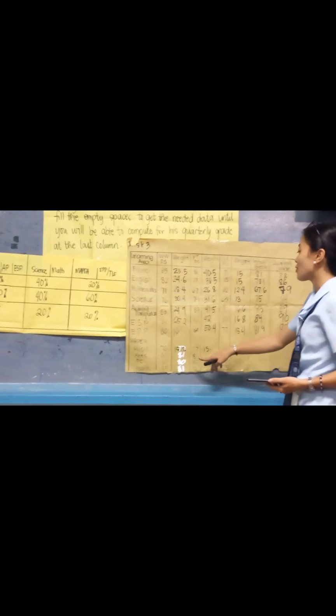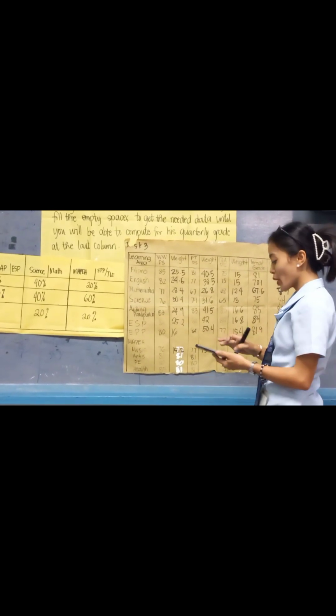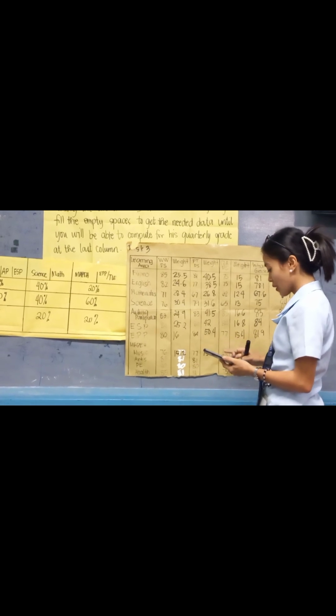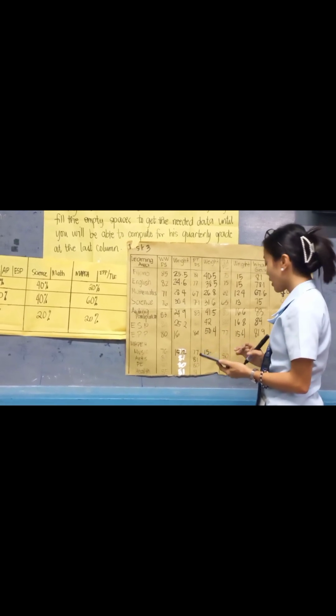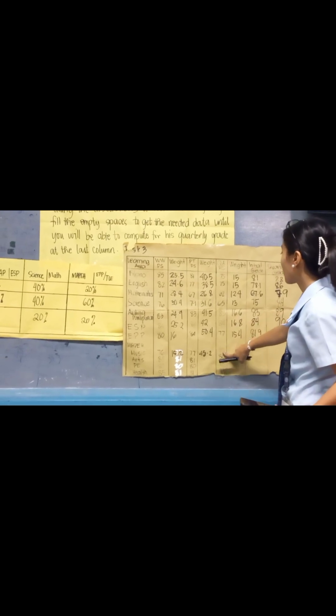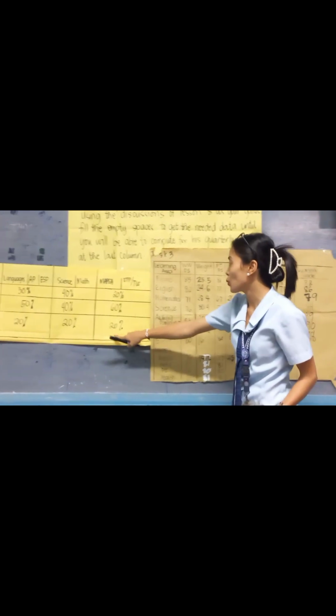So 77 times 0.60 is equals to 46.2. Then quarterly assessment here is 75. Then we're going to multiply by 20%.